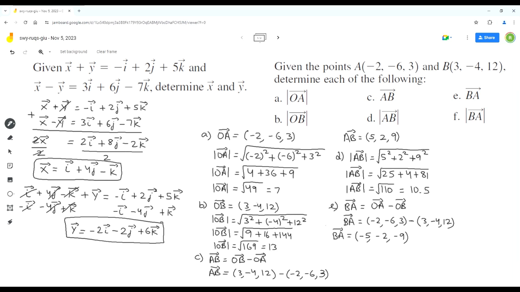So now we can do part F. So we have to find the magnitude of this vector BA. So we can square the components, add them, and apply square root to the sum.